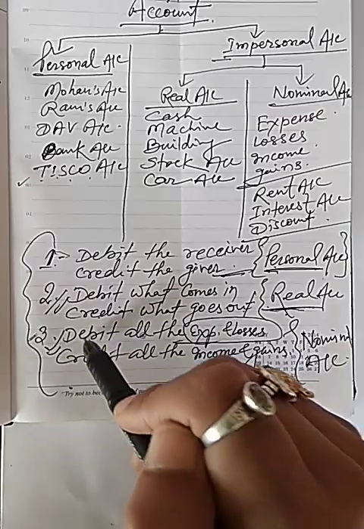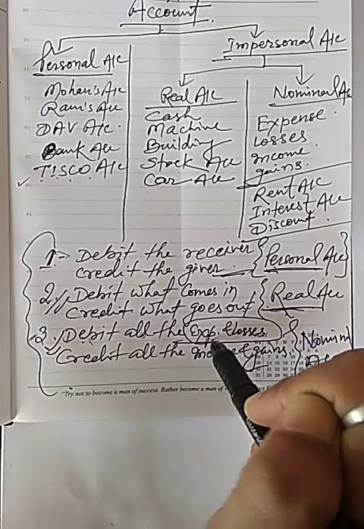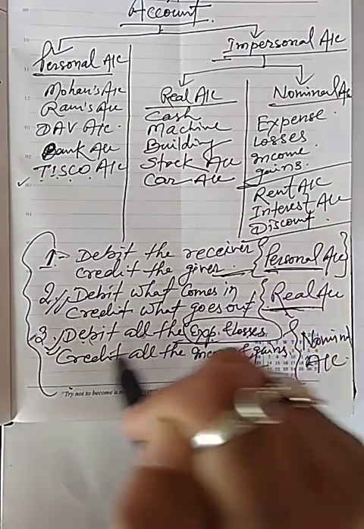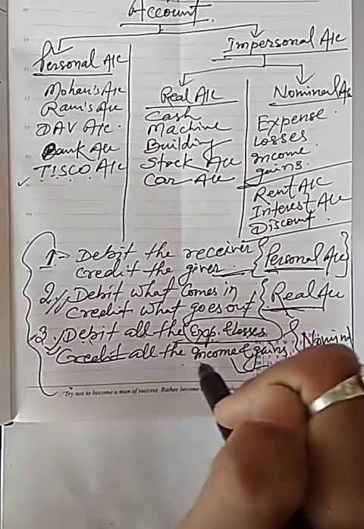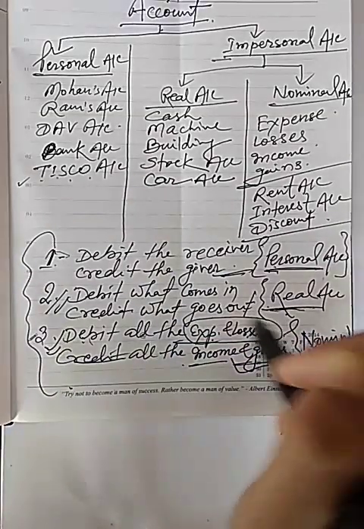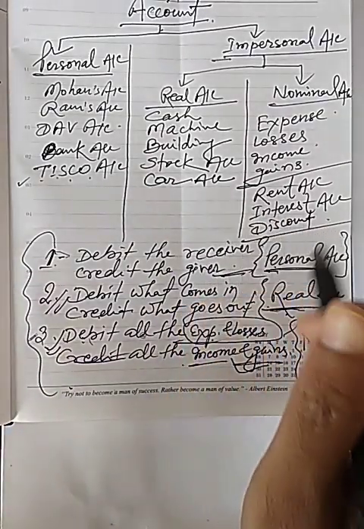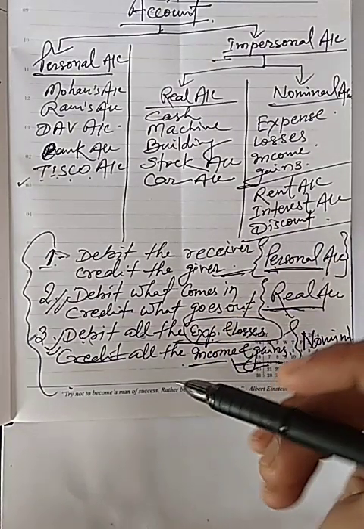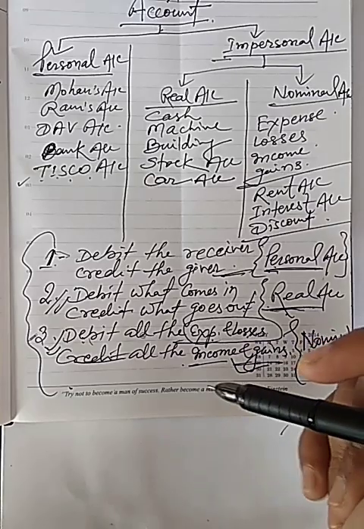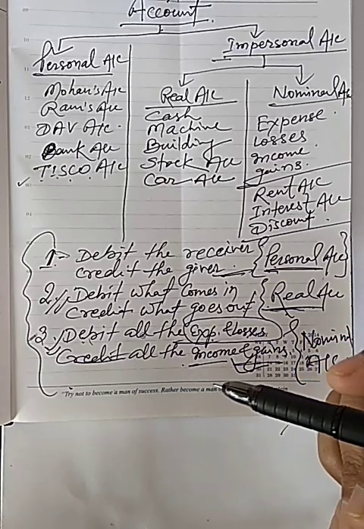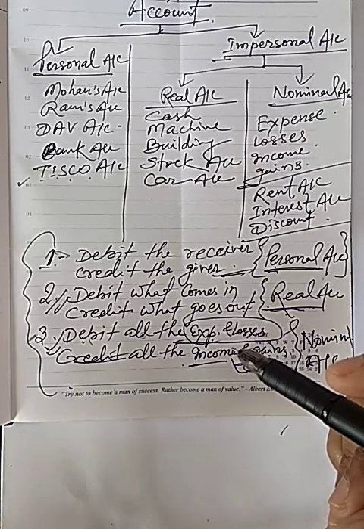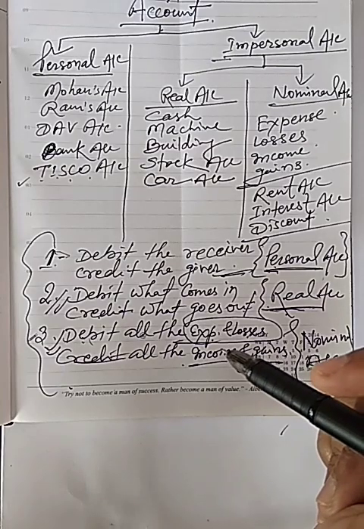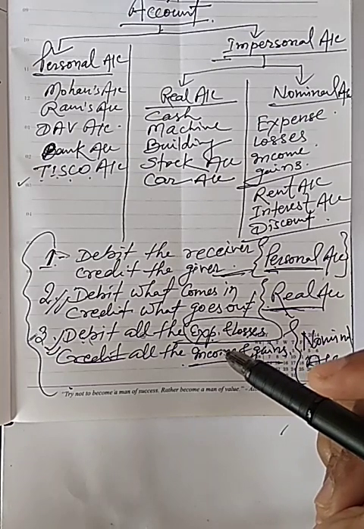So I will debit all the expenses and losses and credit all the income and gains of the business. So this is the basic, traditional rule. I will also teach you the American rule.